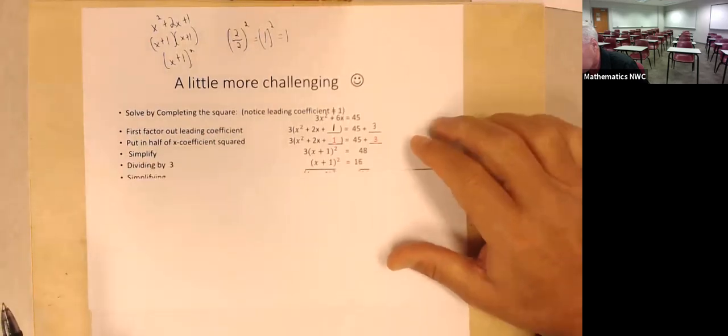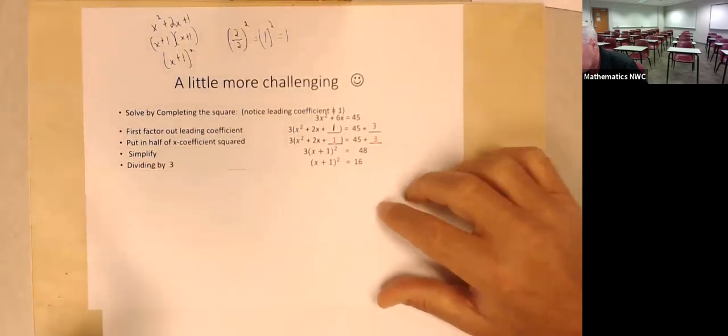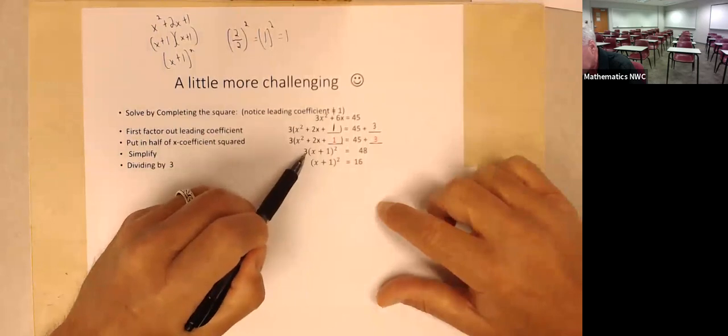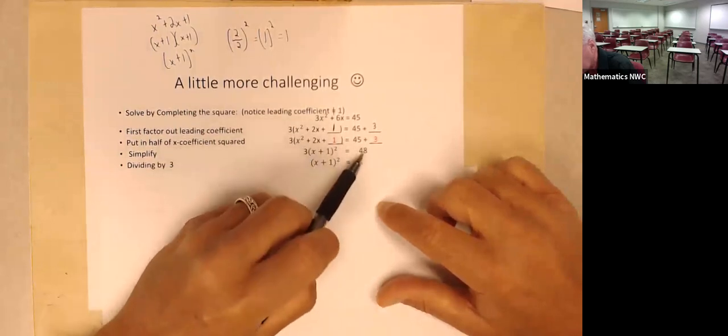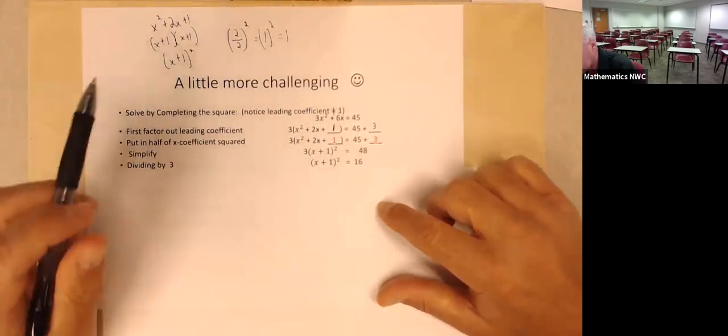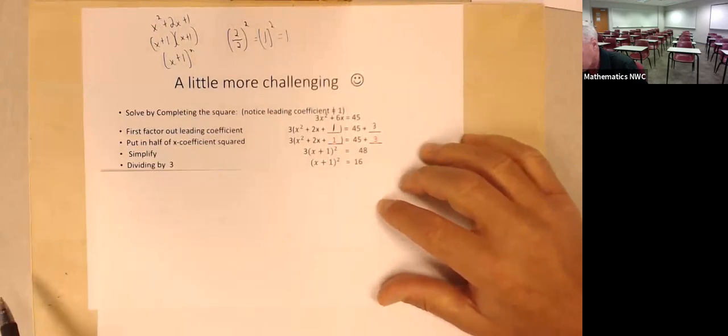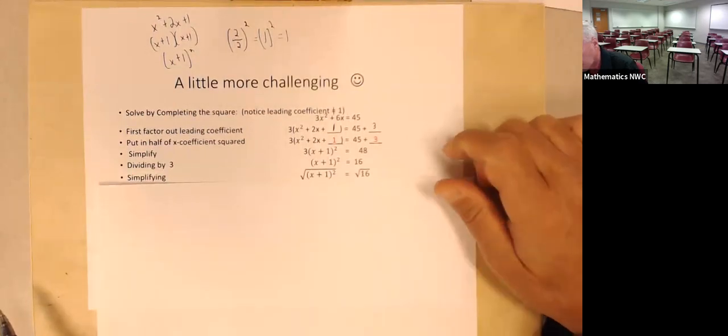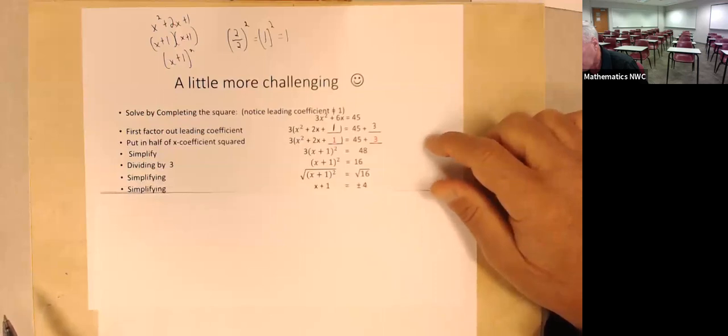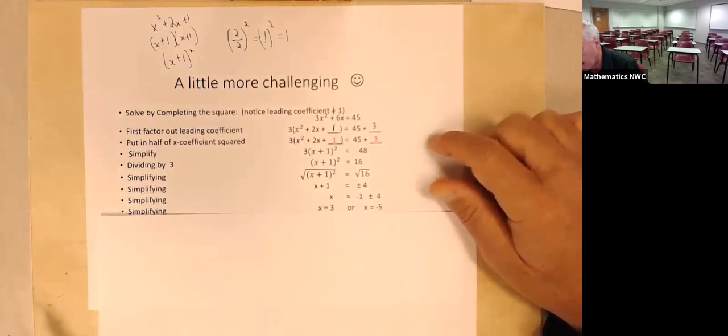So I would divide both sides by 3. If I divided the left side by 3, it cancels. Divided 48 by 3, I get 16. Now it's same old, same old. I take the square root of both sides, get x plus 1 plus or minus 4, bring the 1 across, negative 1 plus 4, negative 1 minus 4, and I get my answer.